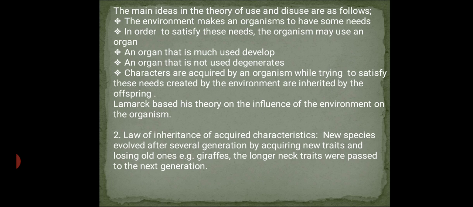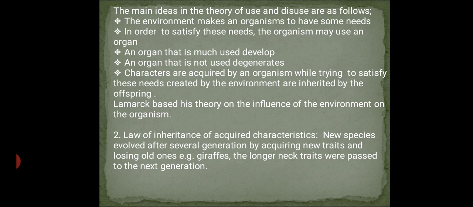The second law proposed by Jean Lamarck is the law of inheritance of acquired characteristics. The law of inheritance of acquired characteristics states that new species evolved after several generations by acquiring new traits and losing the old ones.